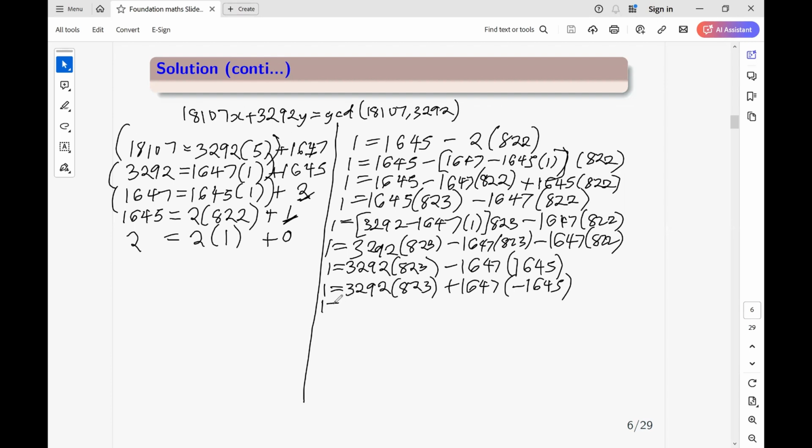So it's going to look something like 3292 times 823 plus 18107 times 3292. Then we multiply it by negative. Yes. Then we open up the equation.